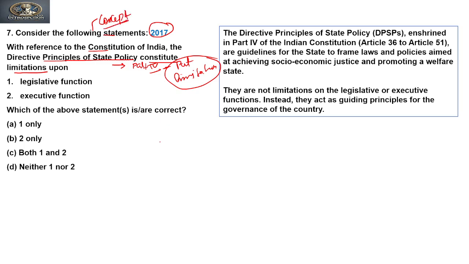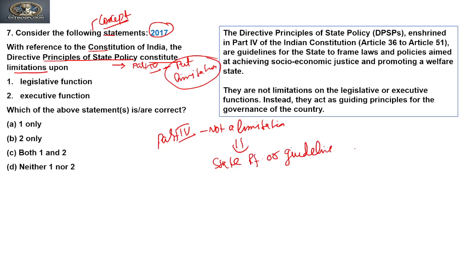If you have been clear with the concept that the Directive Principles, Part 4 of the Constitution, is not a limitation, rather it is a state right, or we can say it provides a guideline to the state on how the state should function.